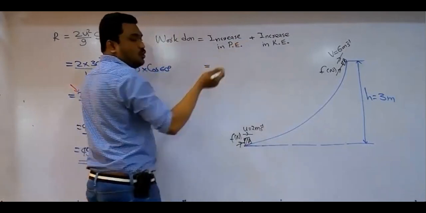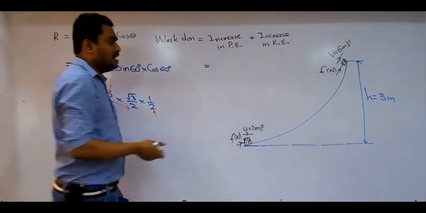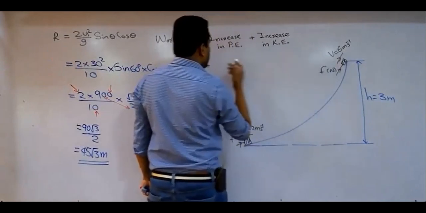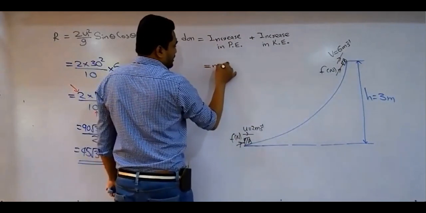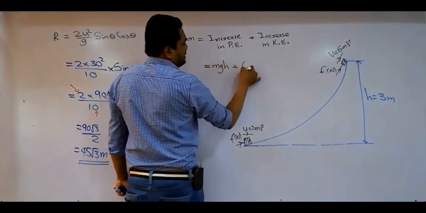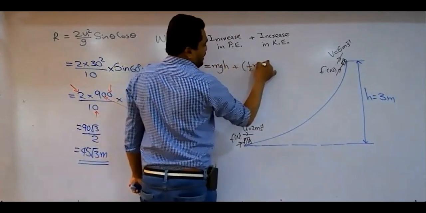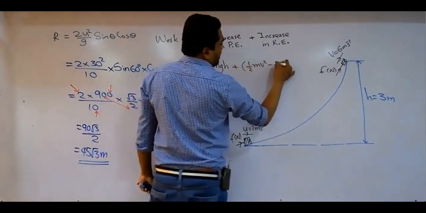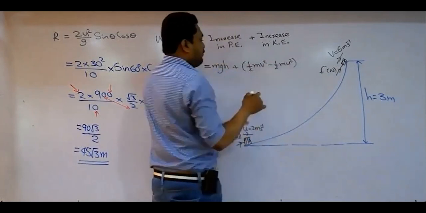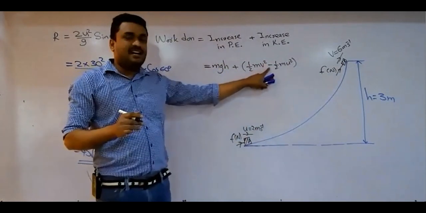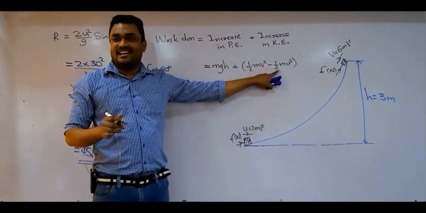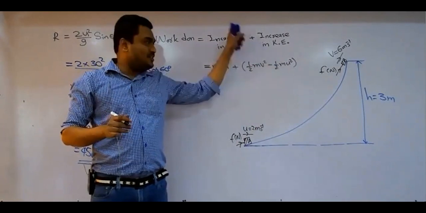So initially there is no potential energy. So increase in potential energy means only the mgh. Increase in kinetic energy means half mv square minus half mu square, final kinetic energy minus initial kinetic energy. Can you do the rest?